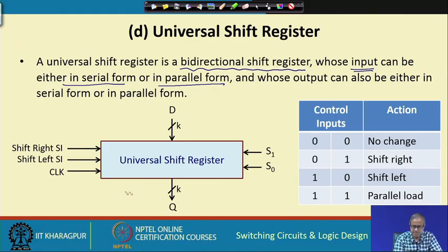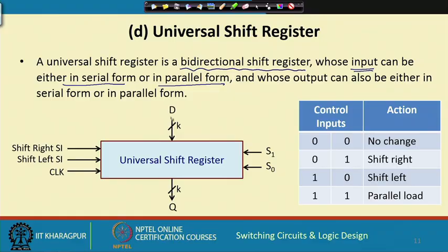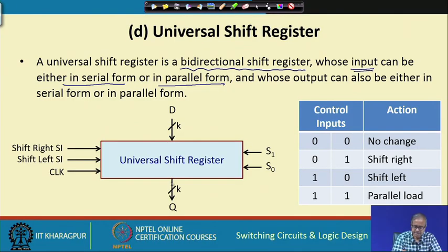A universal shift register looks like this. There are serial inputs available, right shift, left shift, there can be two separate serial inputs. But in addition you can also parallelly load the data. Now, in the shift register circuits that we have seen so far, there were no parallel data inputs. In this universal register, facility for parallel data input and also parallel data output are both available. So, there is a D input which can be fed from outside, and there is a Q output that is available from outside.